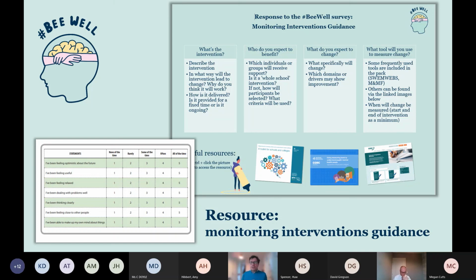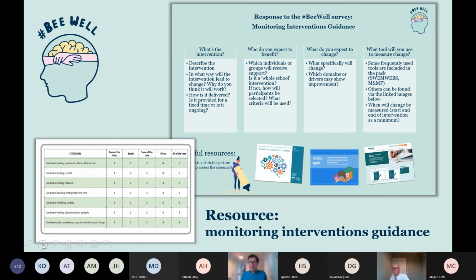So there's much more detail about the theory behind it, particularly in the left hand and the middle resource that you can see at the bottom. That's the toolkit for schools and colleges, and also the Anna Freud resource that is in the middle. They talk you through the process of evaluating your interventions and planning to evaluate.